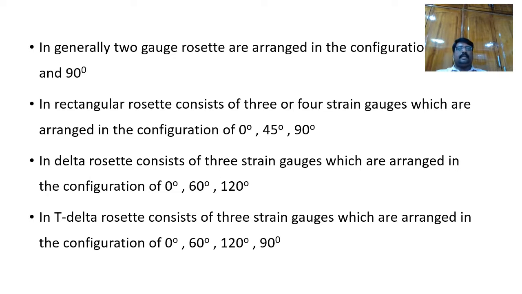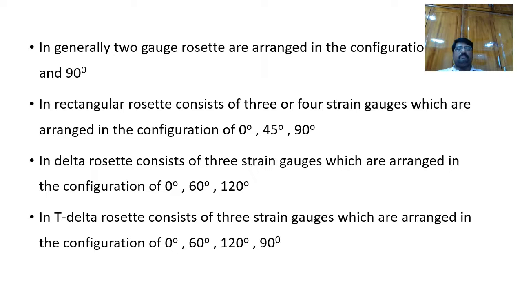In general, 2-gauge rosettes are arranged in the configuration of 0 and 90 degrees. The rectangular rosette consists of 3 or 4 strain gauges arranged at 0, 45 and 90, and with a fourth gauge, they can be arranged at 0, 45, 60 and 90.